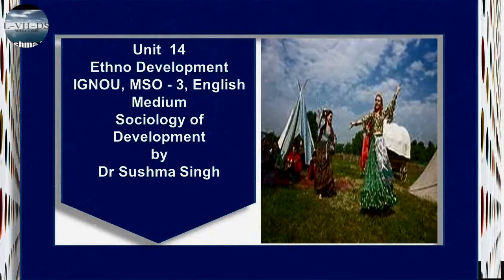But there are some problems to discern what is endogenous and what is exogenous element in a culture. There may not always be any distinct boundaries between the endogenous and exogenous elements in a culture and development thinking.